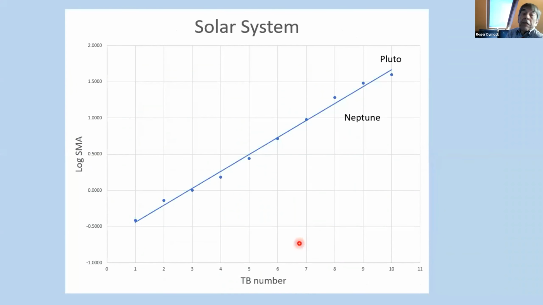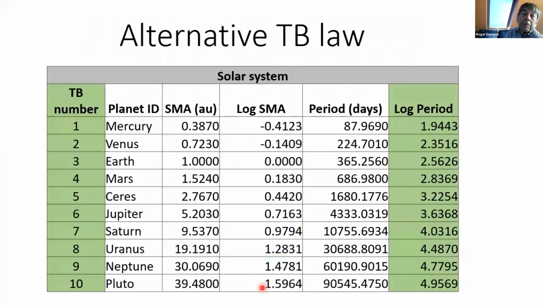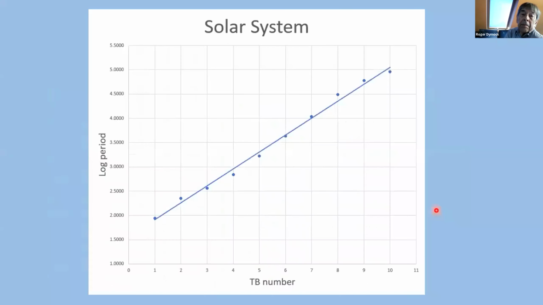If you look at the solar system, once you take the log against the TB number, the planets, including the rogue ones, Pluto and Neptune, lie more or less on a straight line. And if we do the same for the log of the period in that column, again, we get a reasonable fit. So I'll talk about this alternative version using logs for the rest of this talk.